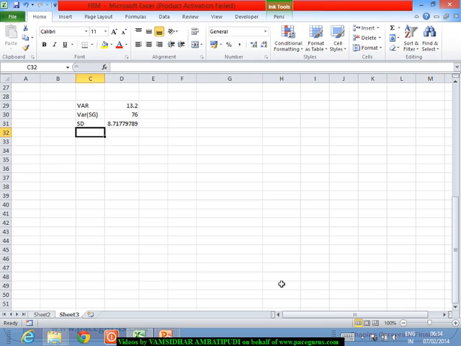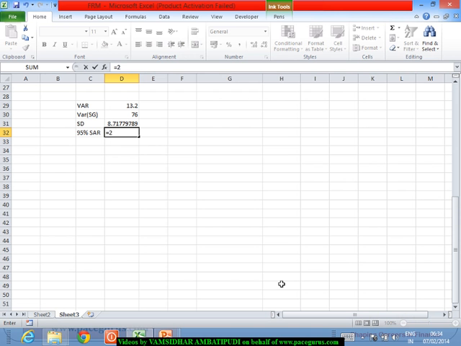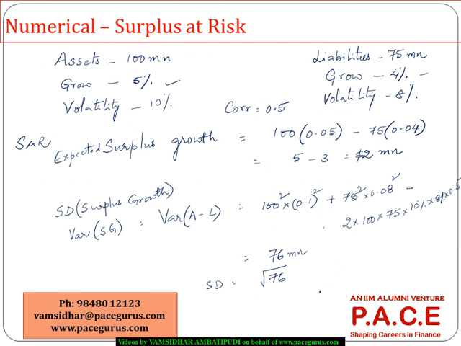So the standard deviation of the surplus growth is the square root of 76 million, working out to 8.7 million. Based on this, I can compute the 95% confidence level surplus at risk, which is nothing but my mean expected surplus, which is 2, minus 1.65 times the standard deviation, which comes out to almost minus 12.38, or the other way, the minus has to be interpreted as positive.